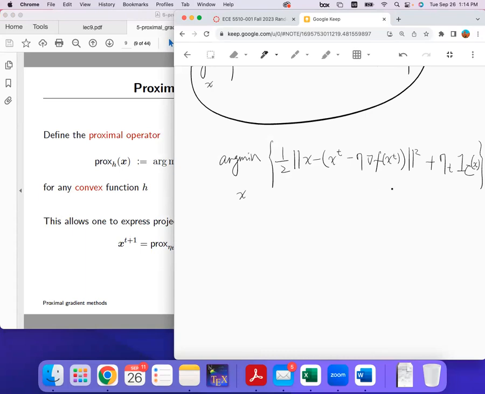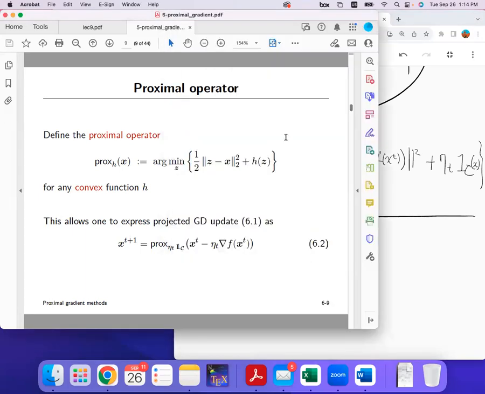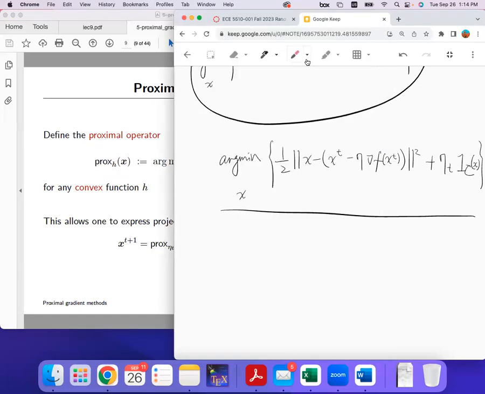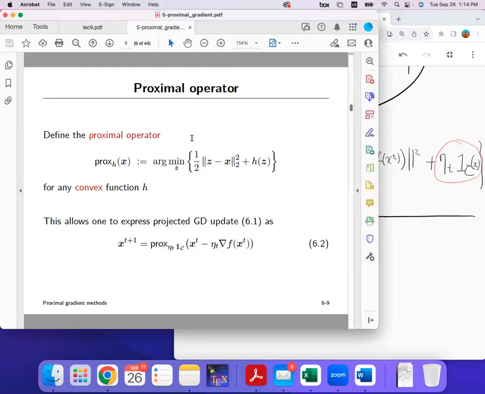Now we compare this update rule with the definition of the proximal operator. You can see this part is the h(z) part.